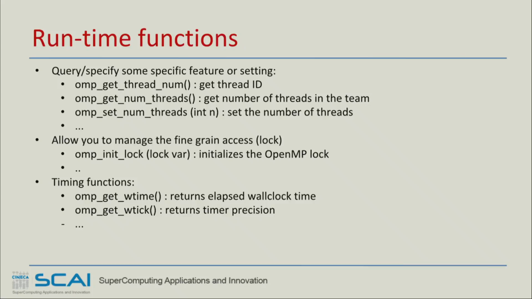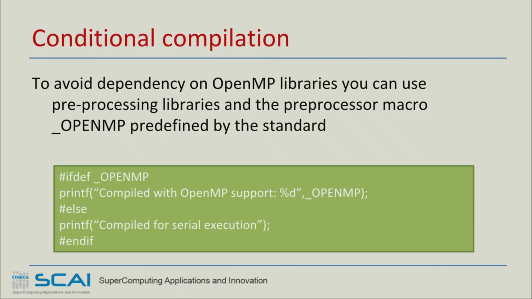So if you don't put the OpenMP flag, the compiler will still try to use those functions. So I should use something like conditional compilation to skip the call to these functions.